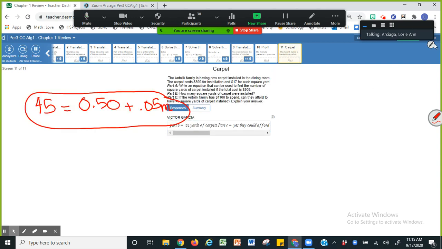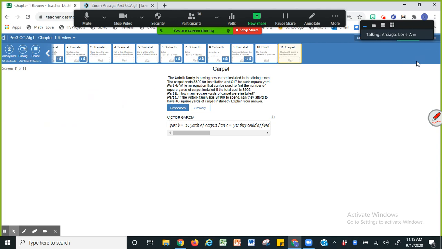In 11, okay, so you're paying $399 upfront for installation, okay, to install your carpet. I'm in number 11, jump to 11. 10 is kind of easy. You just have to substitute, so I decided to skip it.